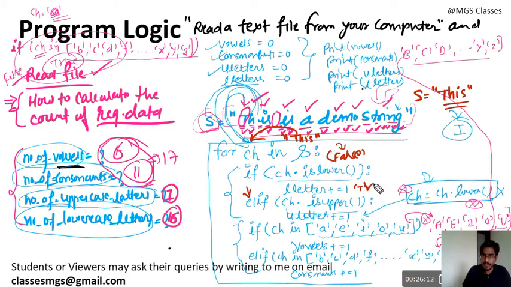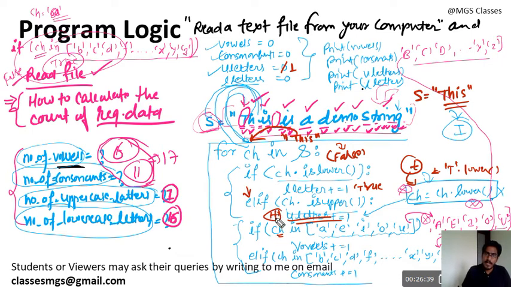Yes, it will return true. In this case the uppercase letter count will become plus 1; previously it was 0, so it will become 1. Then this if will execute: capital T will be converted into small t by using this line. Capital T dot lower returns small t, and this small t is stored in ch.